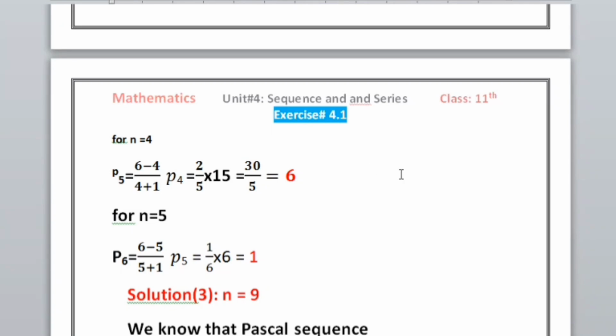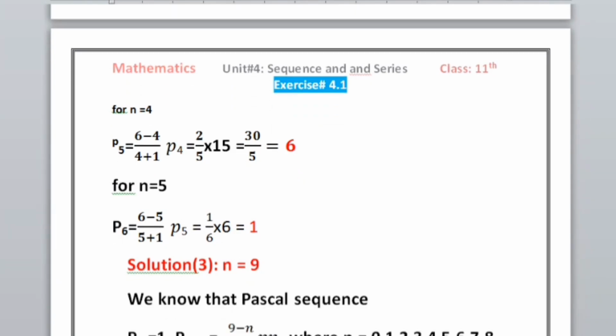Next, for n is equal to 5, p6 is equal to (6 minus 5) divided by (5 plus 1) times p5, which is equal to 1 divided by 6 multiply the value of p5, which is equal to 6. So 6 cancels, 1 1s are 1, which is equal to 1. P6 is equal to 1. Next, n is equal to 9.